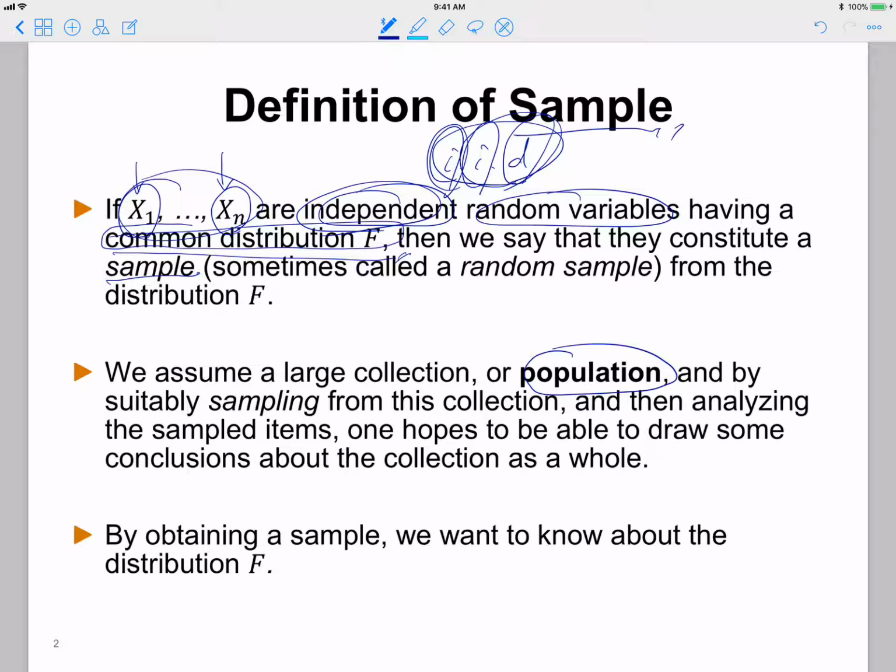But we can never obtain the entire information of this population; we only obtain a sample, or a set of collected people. For example, we may call a random phone number and ask whether he or she is male or female, and that way we collect a set of samples.